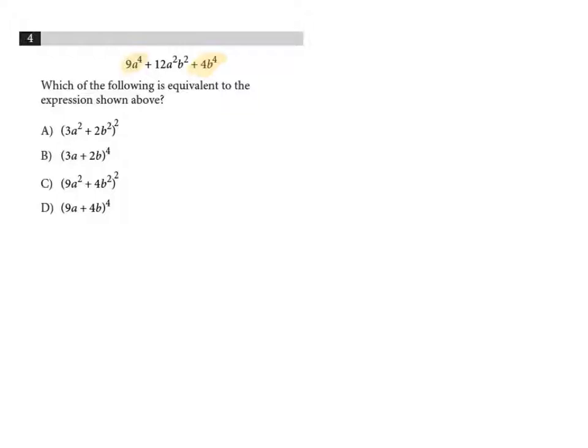And then we've got something in the center. Well, that means that if we have, for instance, a plus b squared, then we're going to get a squared plus 2ab plus b squared.